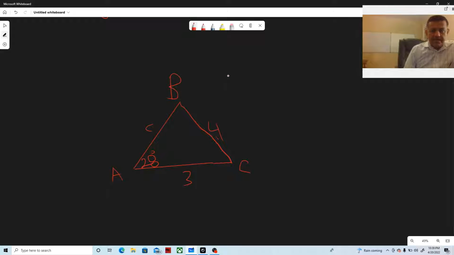So we can say that the sine of 28 degrees over 4 is equal to side B, but we don't know the angle of side B, so we have sine of angle B over 3.